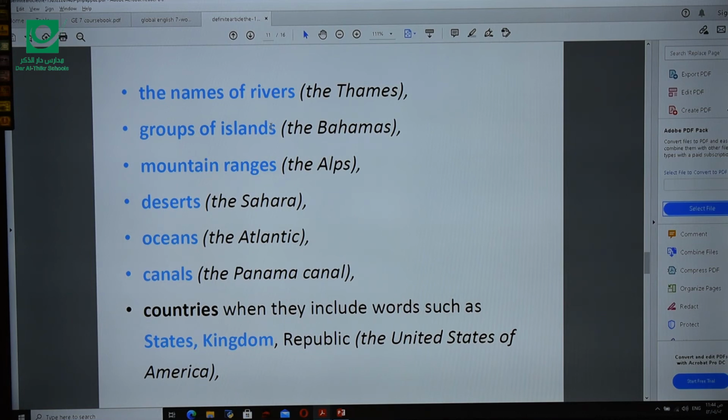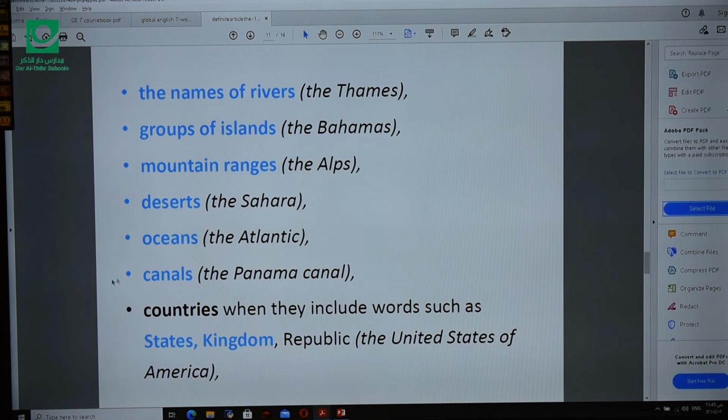If it's an island, no article. But when we talk about groups of islands, yes, we put the. Or mountain ranges, when you talk about groups of mountains, like the Himalayas, the Alps, the Hijaz. But when we say Everest, it's one mountain, so we don't use the.